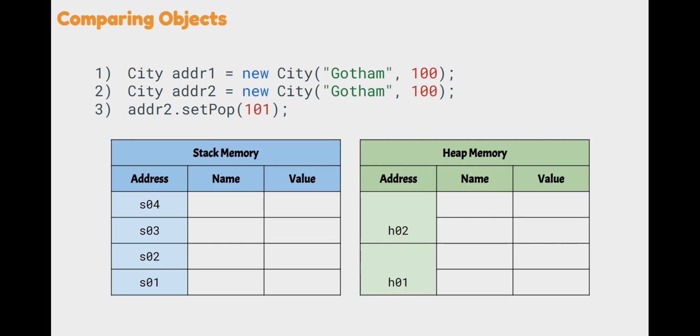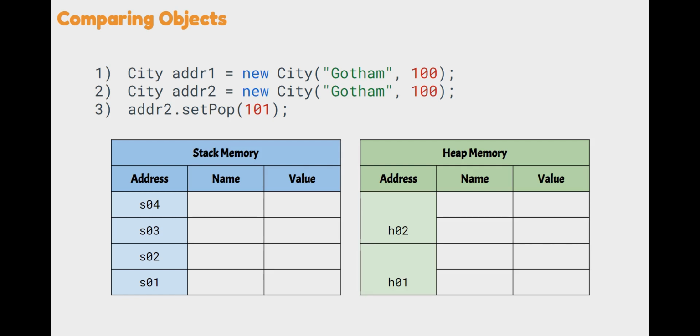Looking at this in code, on line 1 we are declaring a reference variable of the City class. We are calling it address1. And we are going to assign to it the memory address after calling the City constructor and passing in the actual parameters of the string literal Gotham and the integer literal 100.